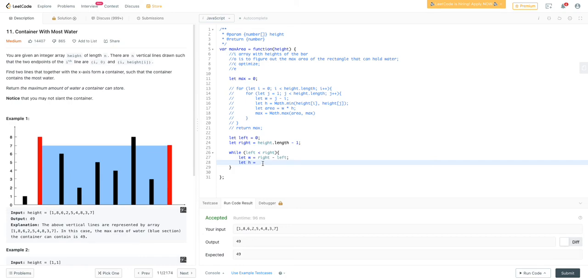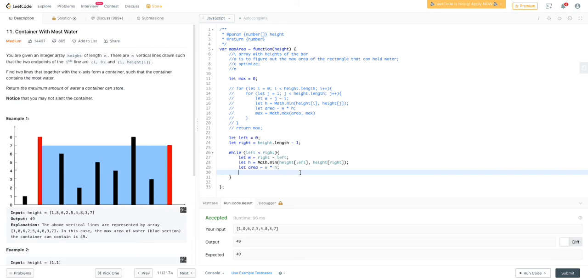So what we can do is Math.min, pass in height[left], comma, height[right], and our area would be width times height.